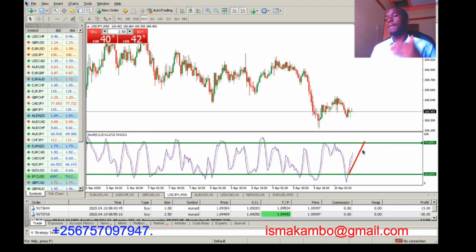It may at some point reach here, but if you have not made enough profits, the best exit point would be at this point. So as it reaches here, if you have been buying, then come out with your buy and expect the next move to be a sell. Then you wait for an opportunity for a sell.